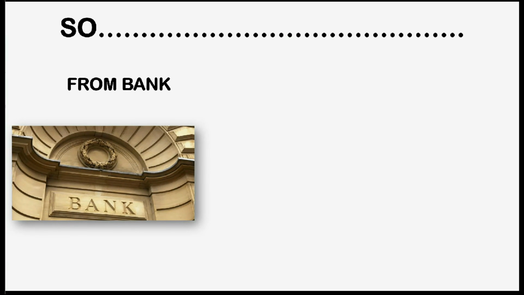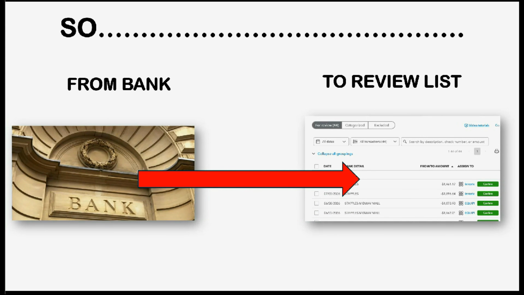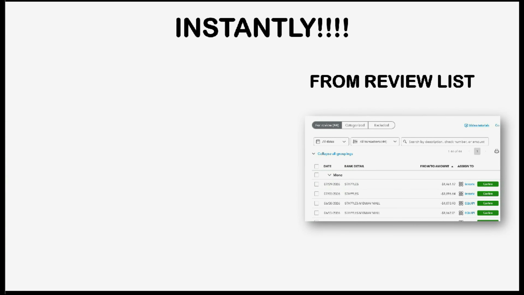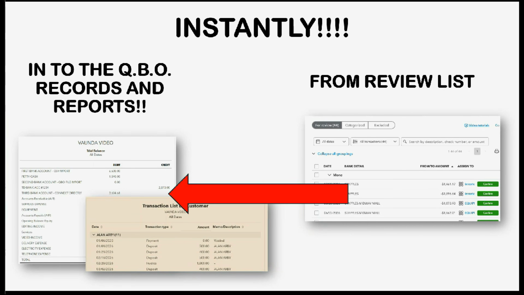So you connect directly to the bank, the transactions immediately come from the bank into the review list, and only the ones that were not yet downloaded. And then as soon as they get into the review list, the rules immediately put them into the QuickBooks Online reports and records. So in a blink of an eye, you have done most of your bookkeeping.